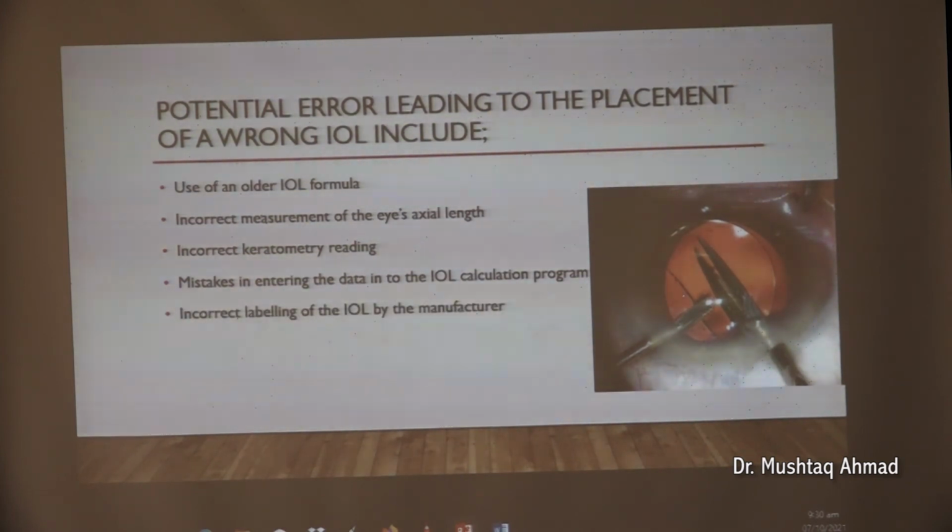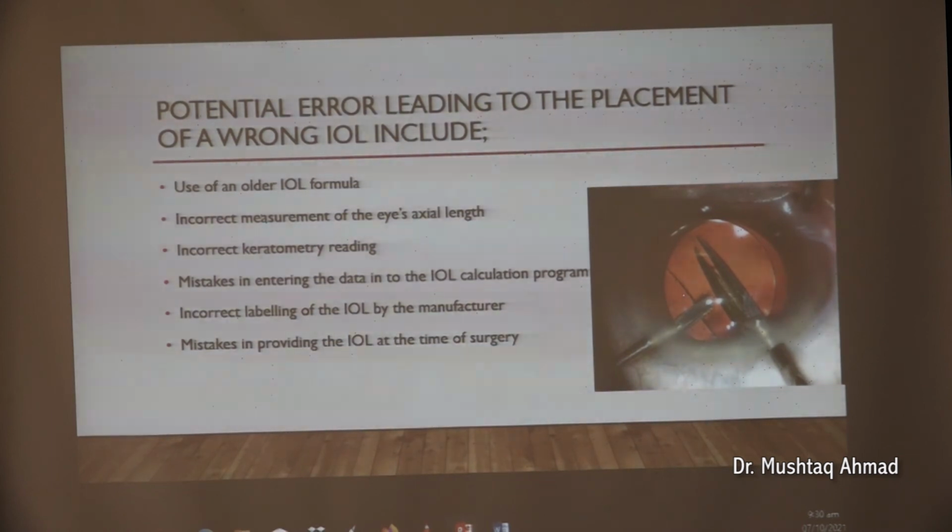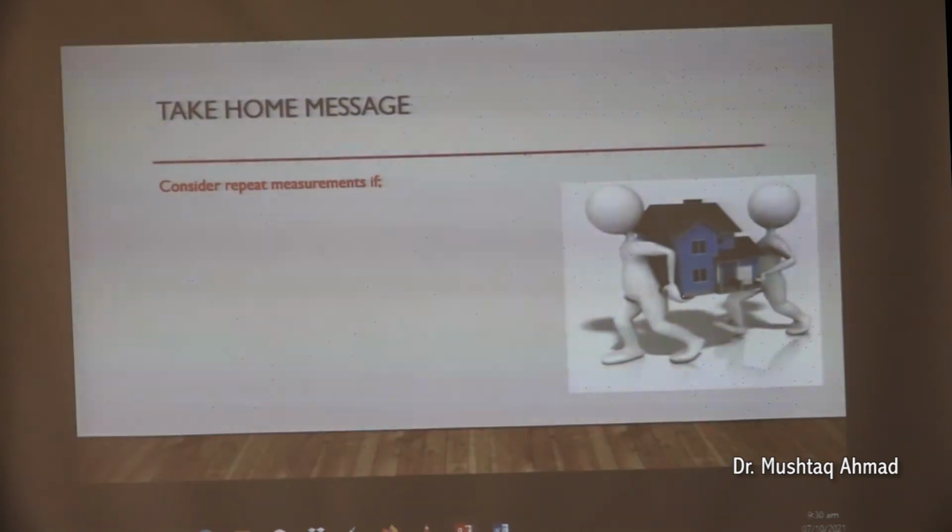Incorrect labeling of the IOL by the manufacturer. Mistake in providing the IOL at the time of surgery. When you have multiple surgeries, multiple lenses are placed there, so they can get mixed up and you can place a wrong IOL.